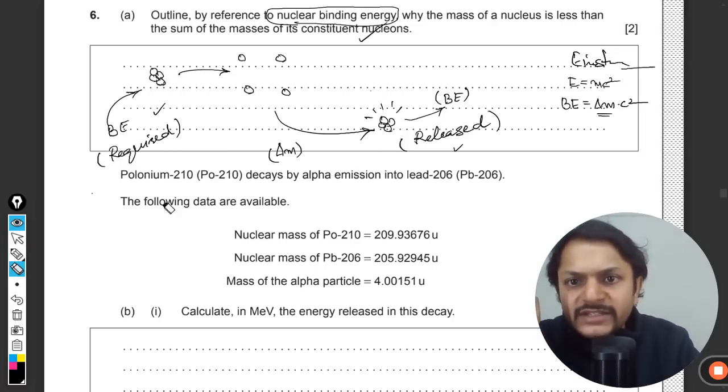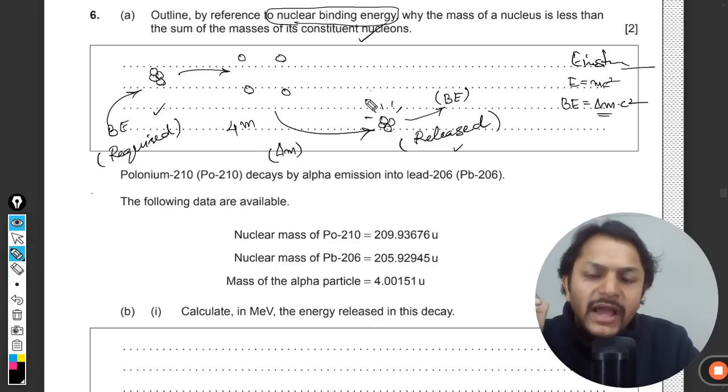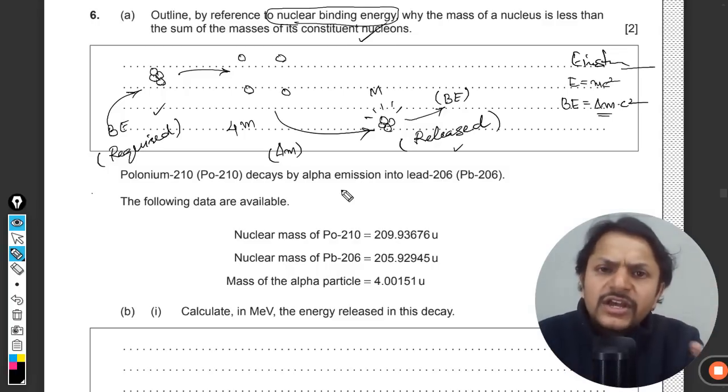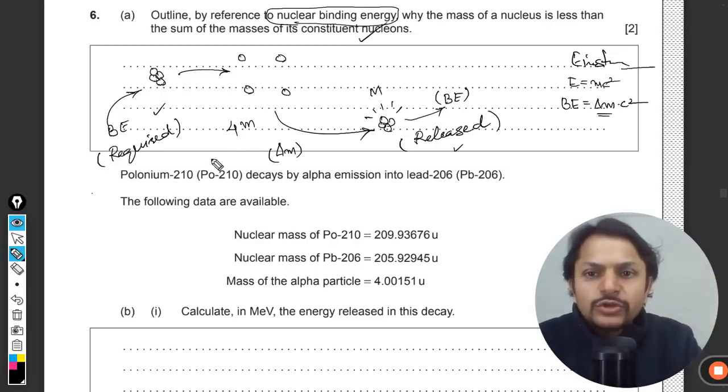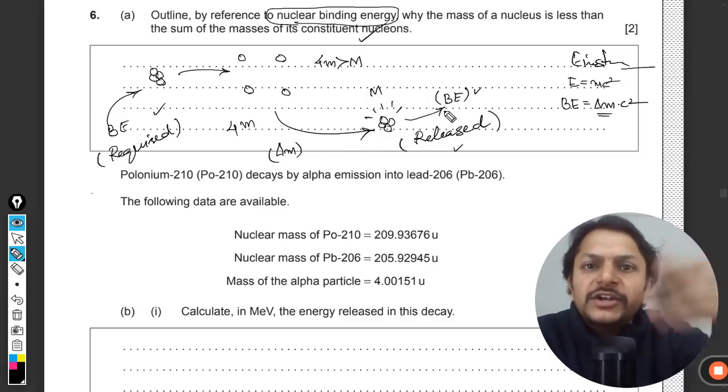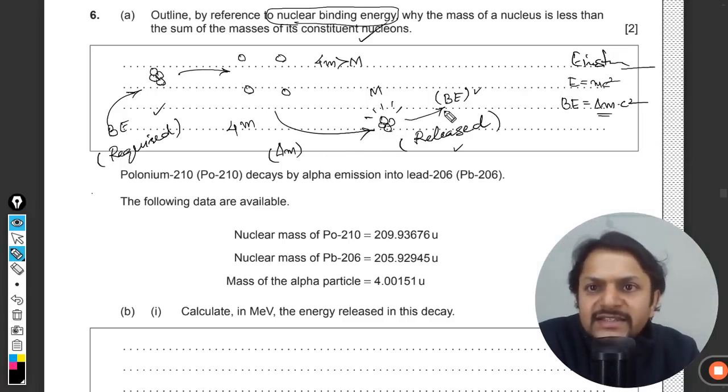Let me call this small m, 4m, and this is capital mass M for the nucleus. There is a mass lost, so this 4m is bigger than M. Some mass is lost, and this mass is now converted into energy. So that is the concept here.